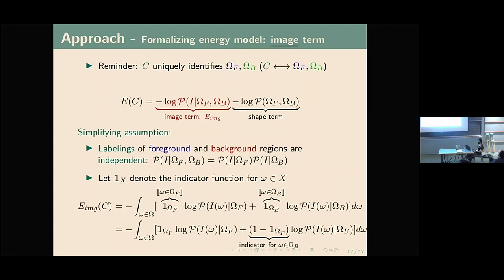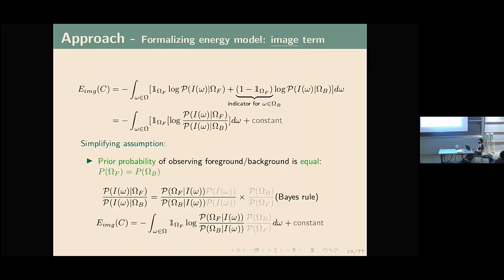We're going to write the log probability of the whole image as a sum over all image pixels of their respective region-specific probabilities. The indicator symbol for region X denotes the membership of a pixel in that region. As there are only two regions and they form a partition, background, foreground, membership of a pixel in the background is equal to 1 minus the membership in the foreground.